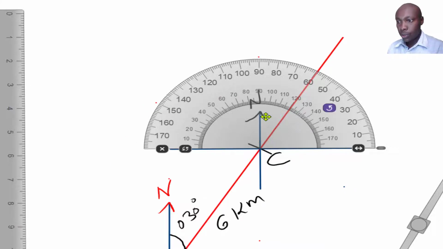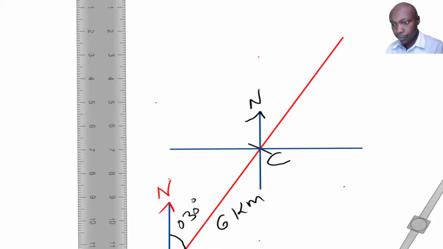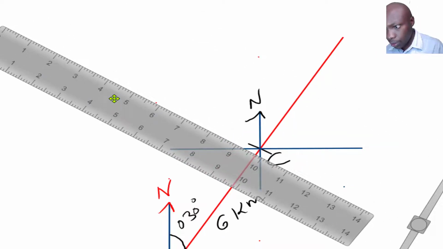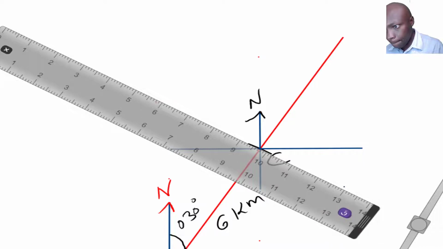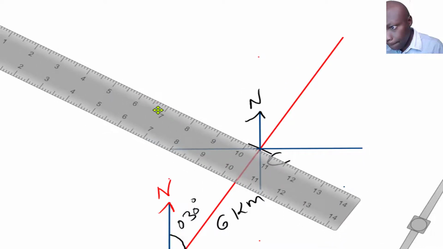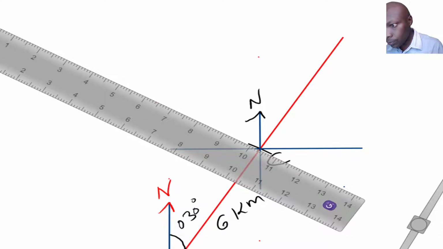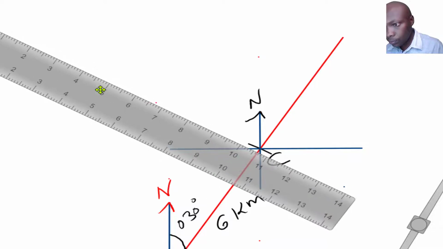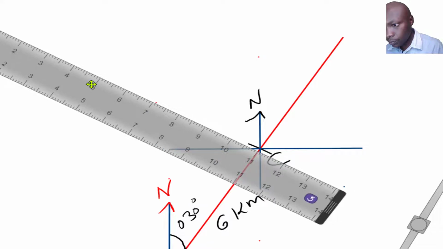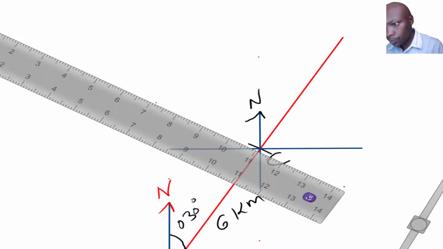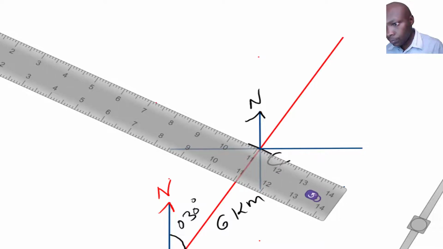So after doing that, we need to just take your ruler and join with that point. Need to be very keen there.